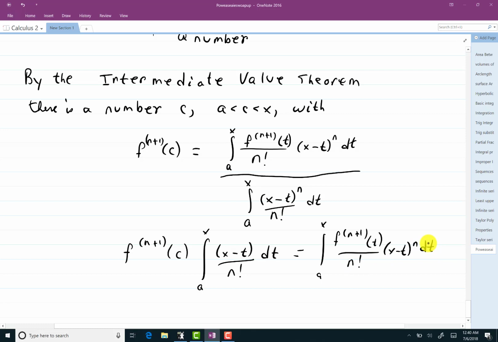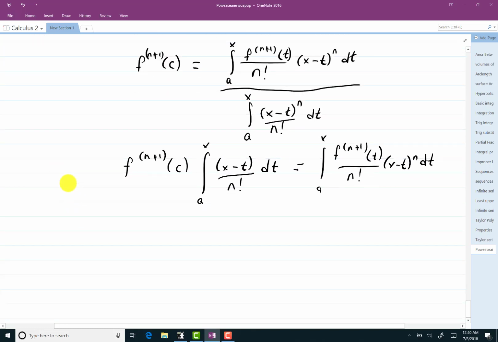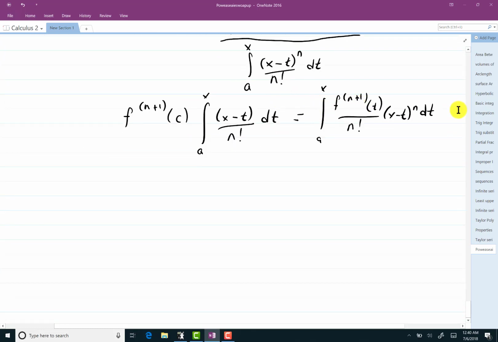Now, you may remember that this thing here is the remainder. In fact, they call it the integral version of the remainder. Over here, I forgot an n, but now this is an easy integration. If I integrate this where u is x minus t, then du is negative 1, and so I'll get (x minus t) to the n plus 1.